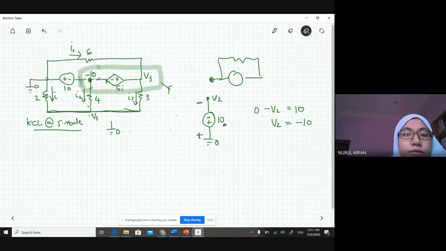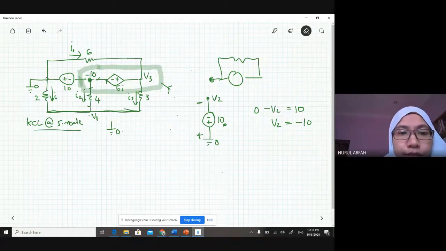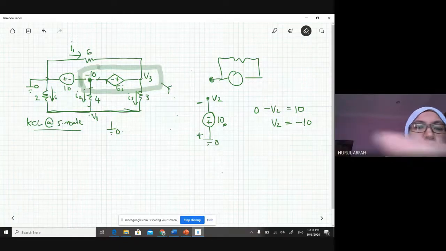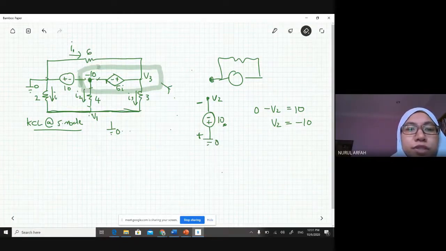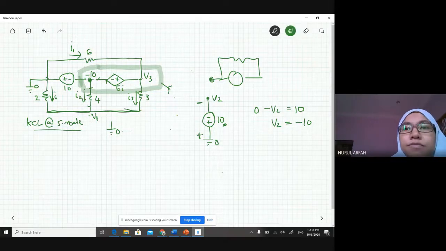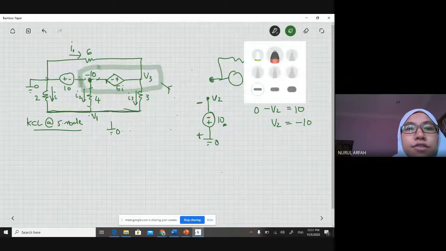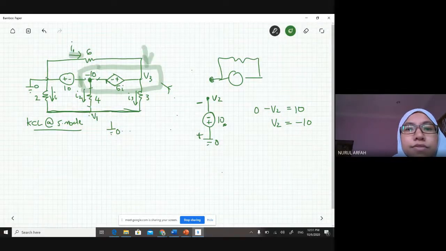Right. So KCL at the supernode. What is a KCL at the supernode? You look at the current direction: the current entering the boundary and the current leaving the boundary here.